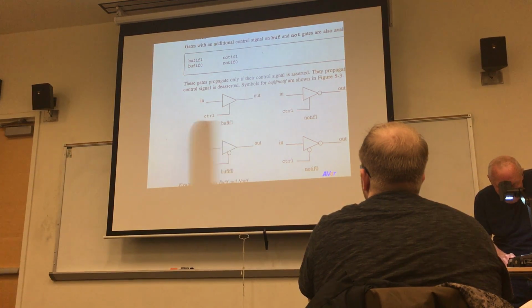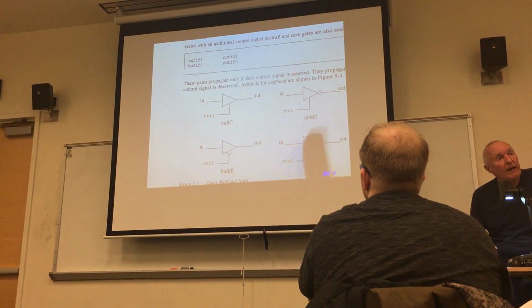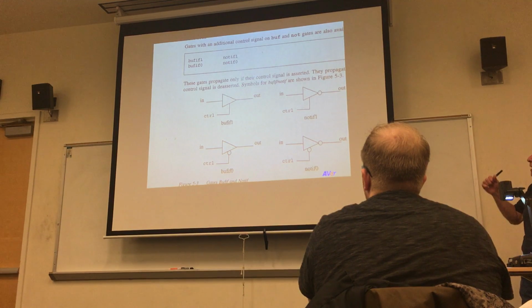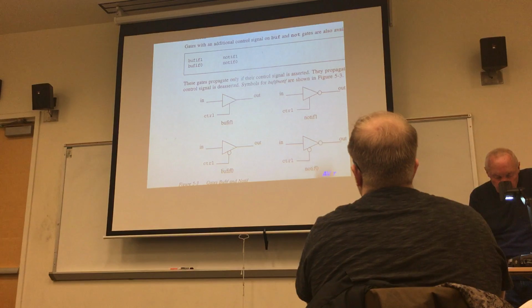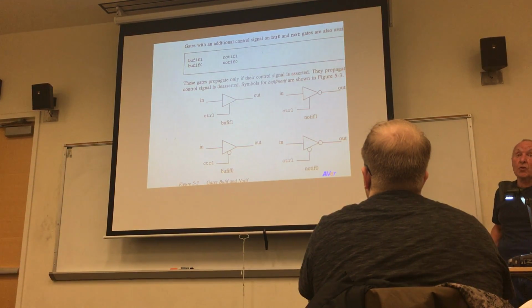Buff if one, it's active high. Buff if zero, your control is active low. And similarly for the NOT gates, you have not if one, not if zero. So you're specifying an inverter, and the if zero or if one determines whether you want an active low or an active high control signal.